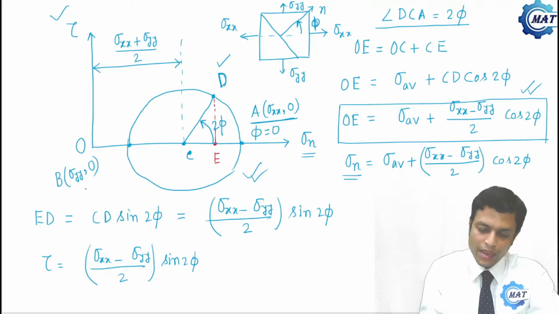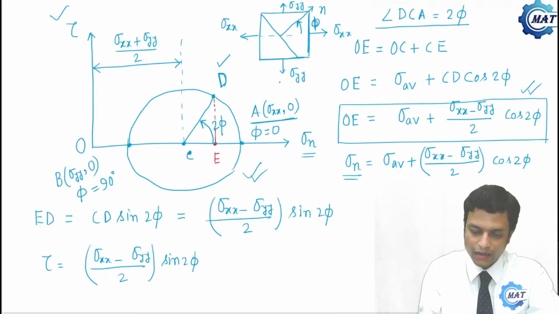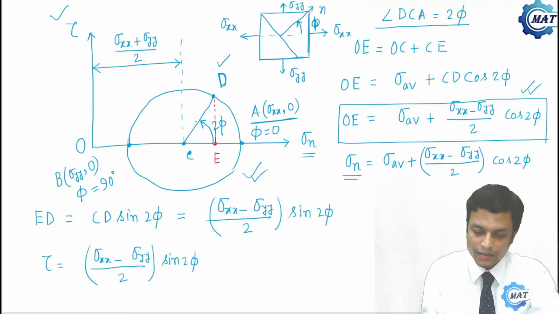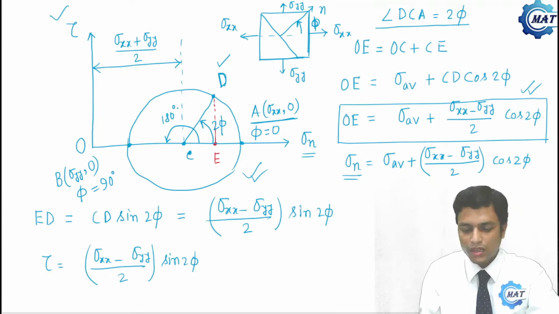Now B represents sigma yy comma 0, that is the stress state of this plane, where phi is 90 degree, because the angle between x and y is 90 degree. But in the Mohr circle you can see the angle becomes double, that is here the angle between A and B is 180 degree. So when we plot in Mohr circles, the angles become double the actual.